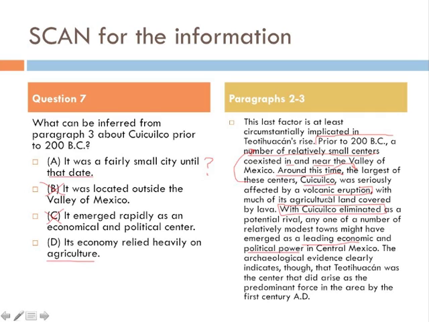So it's very possible that agriculture was very important to Cuicuilco, and that before the volcano actually hit, agriculture was probably a pretty important part. It does say it was the largest of these centers. So let's keep that one as a possibility as well.